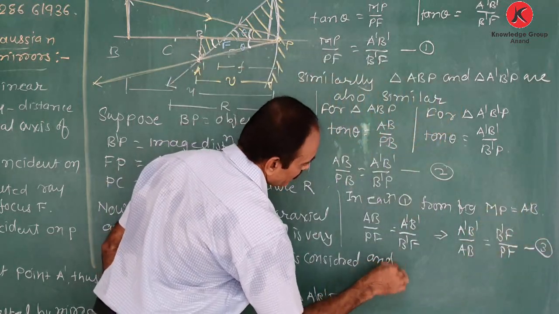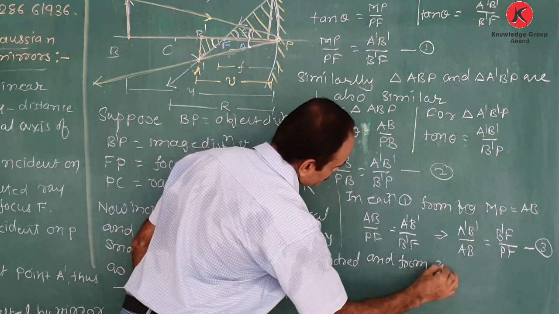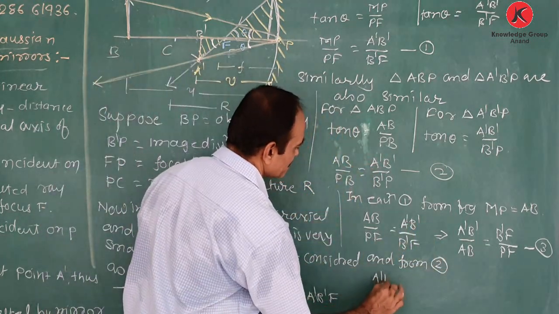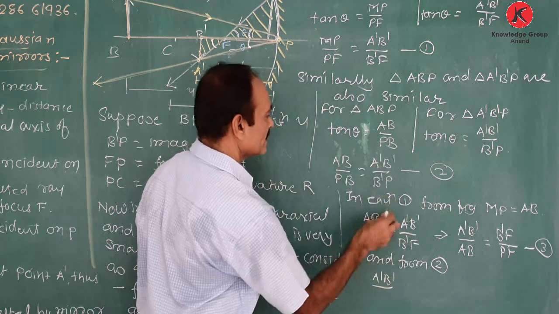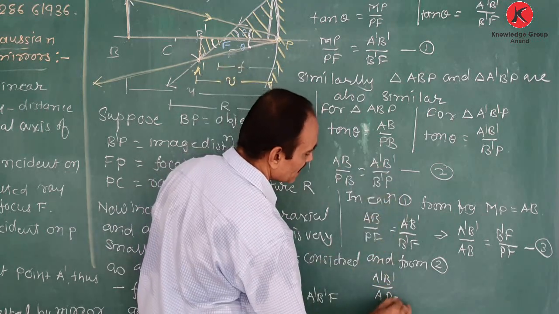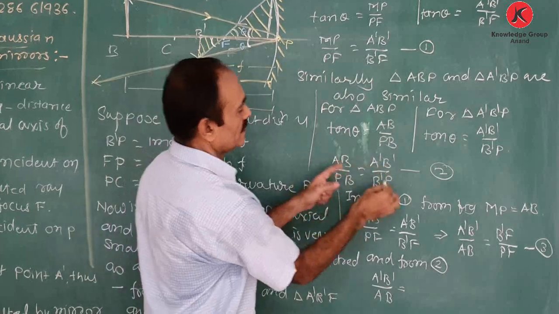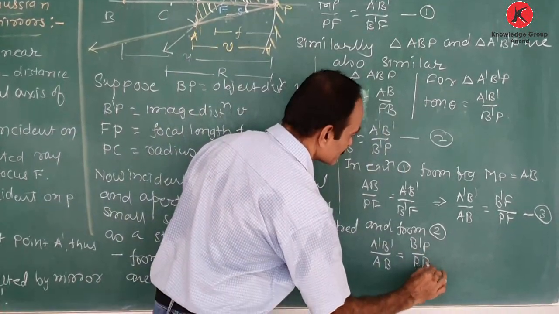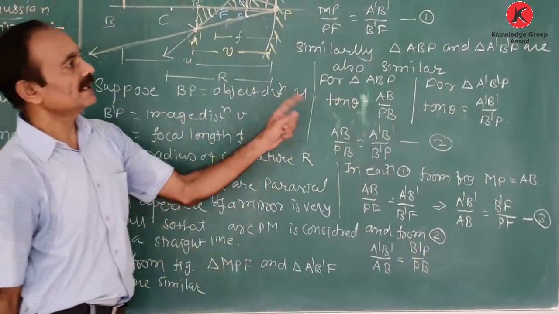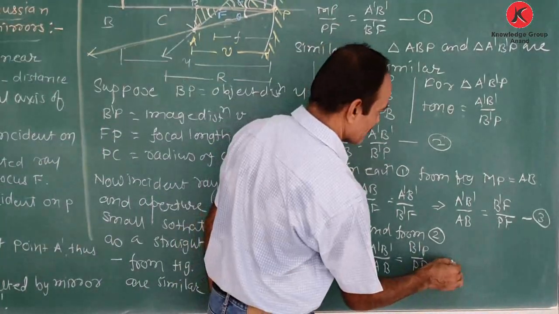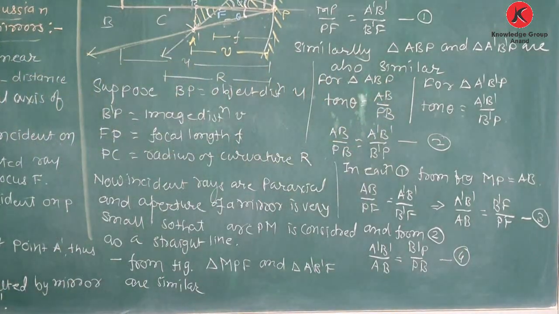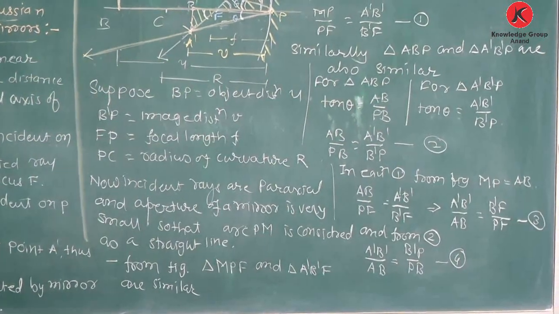And from 2, we can write the second equation in the form A'B' upon AB is equal to B'P upon PB. That is our equation number 4.